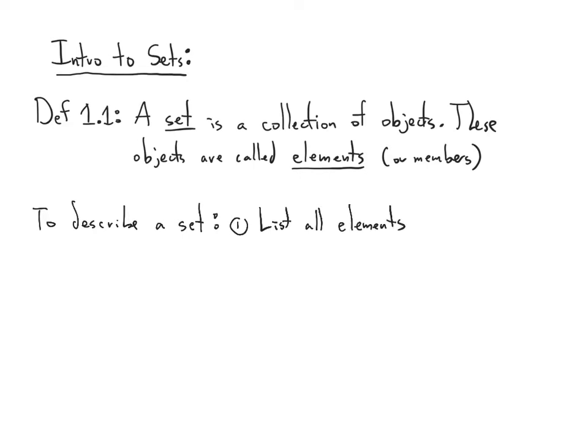Let me give you an example of that. So let's say we just wanted a set with the numbers 1, 2, 3, and 4 in it. So we'd write it like this. These are our open and closed set brackets, and these elements in here, they're what's in the set.